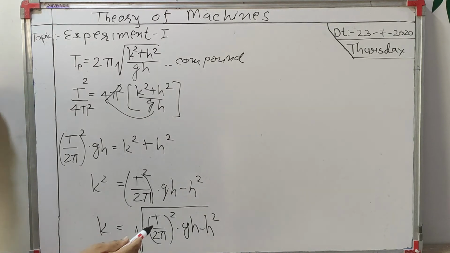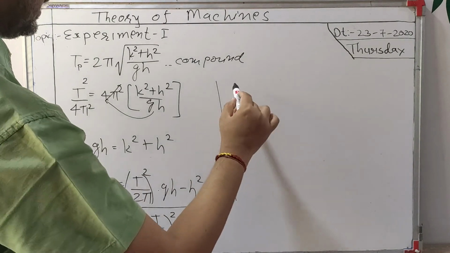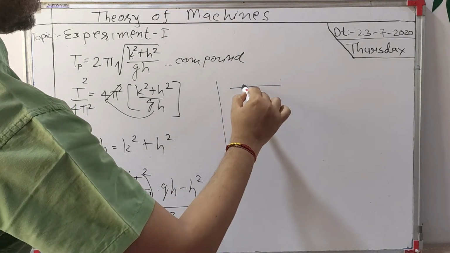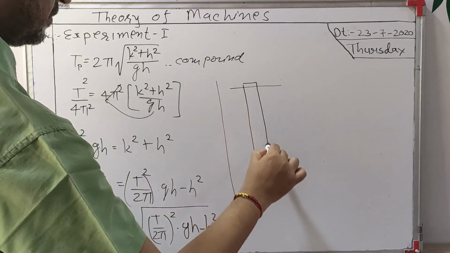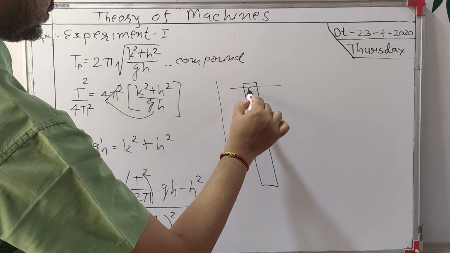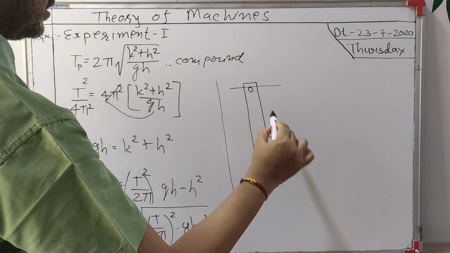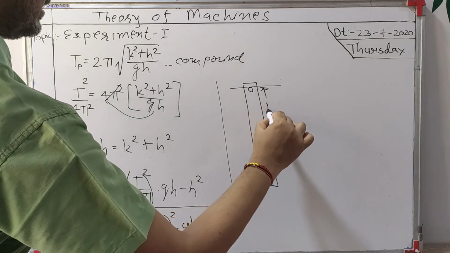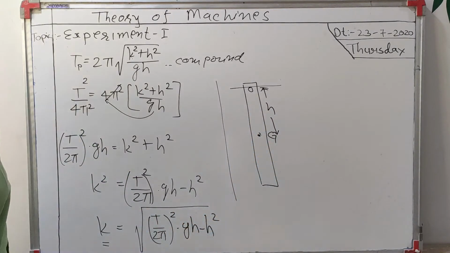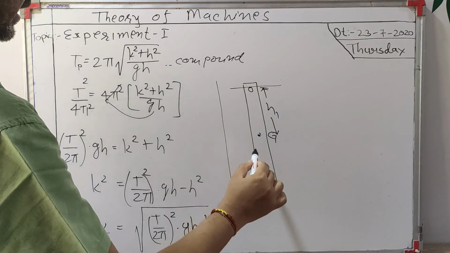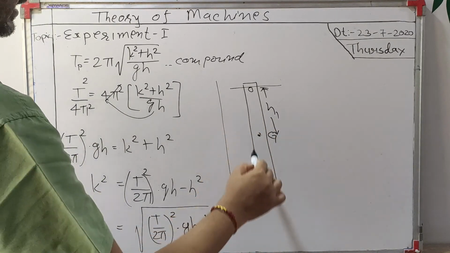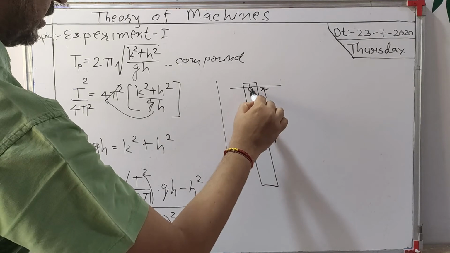In this experiment, we will hang a bar from a point of hanging. Suppose it is hanging from this point, and here the CG is located. We take a distance h, suppose here I have taken h1, and it will be oscillated about this point.